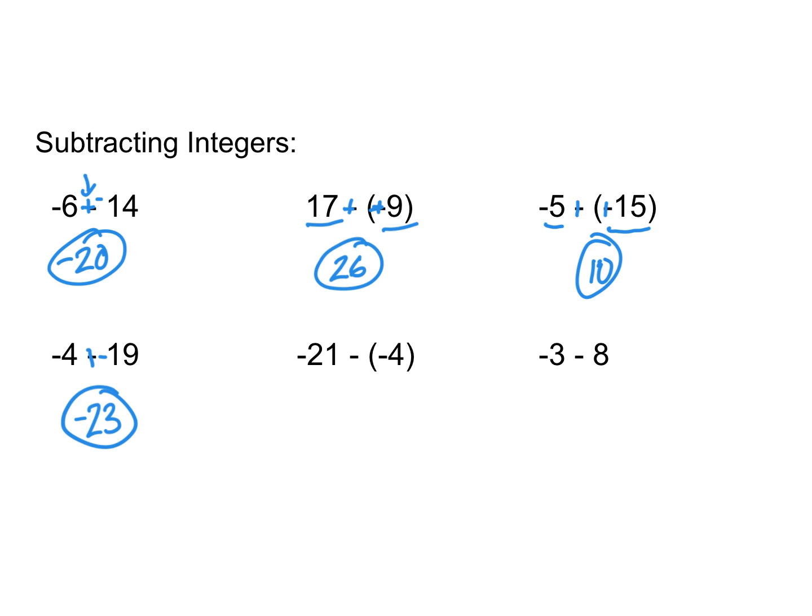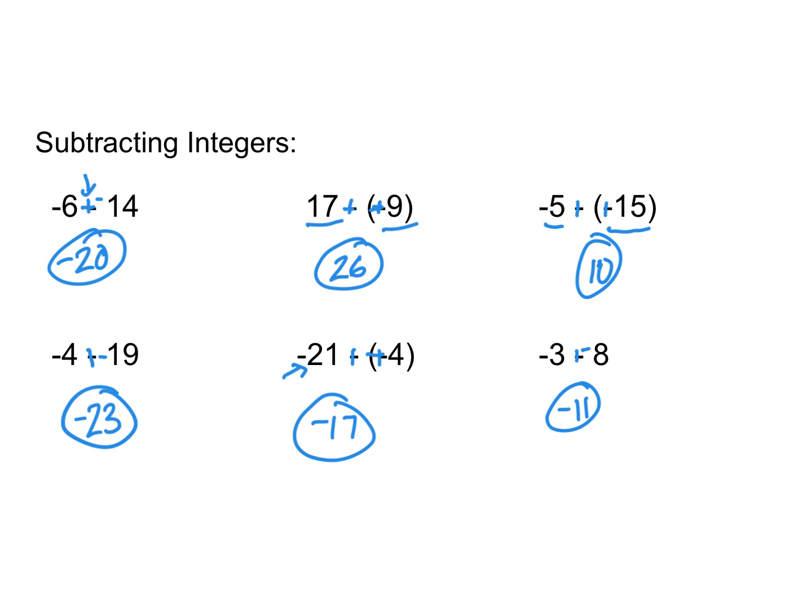Since they're both negative, keep it negative. Add the opposite. So I've got different signs. I'm going to subtract them. Keep the sign of the higher number. It's negative 17. And add the opposite. They're now the same sign. I'm going to add those together. Keep the sign.